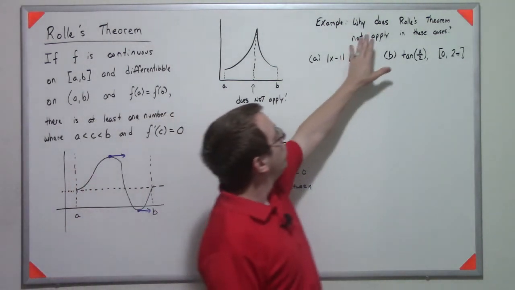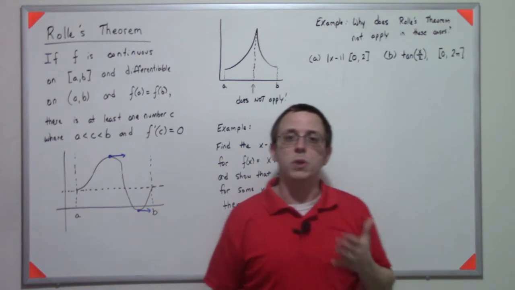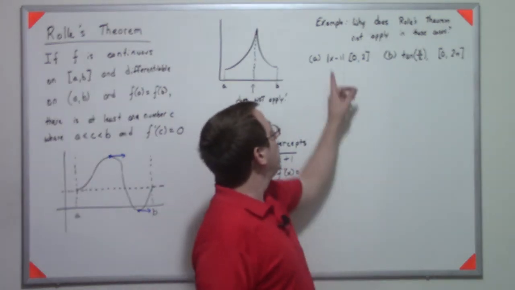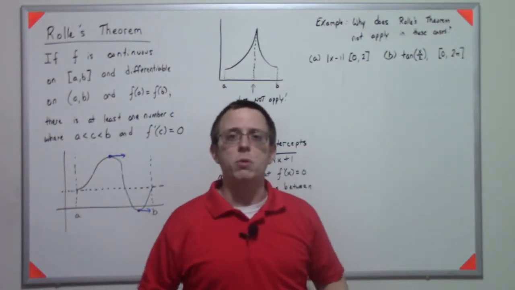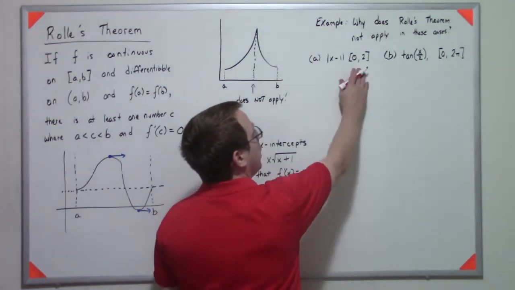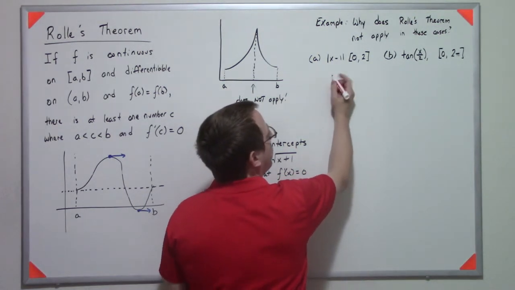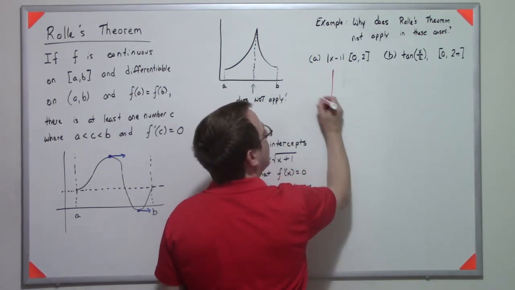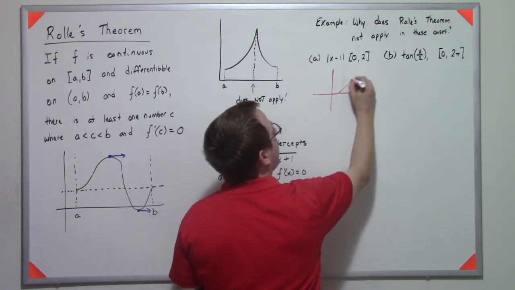So over here, we want to say, why does Rolle's theorem not apply? Well, in the case of the absolute value of x minus 1 in the range 0 to 2, if I'm graphing that, that's a shifted absolute value.